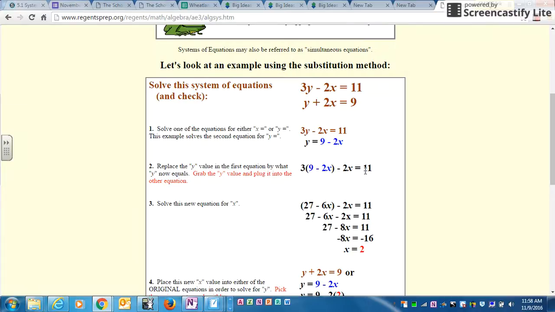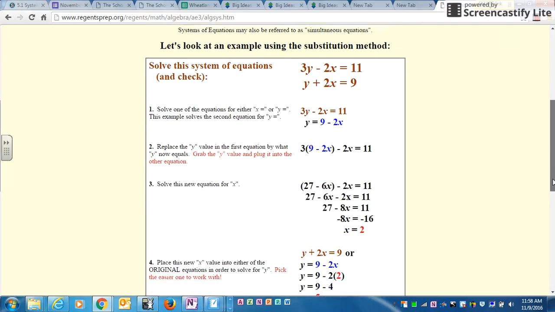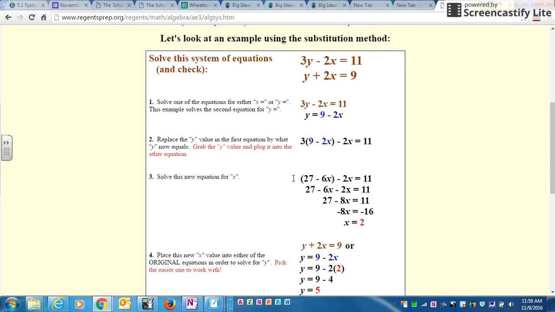Minus 2x equals 11. So we find out what y equals in the second equation in the system. Once we figure out what y equals, then instead of writing 3y, we write 3 times 9 minus 2x because these are the same thing. Then you use algebra to solve the new equation for x.